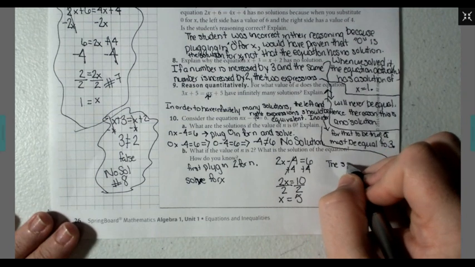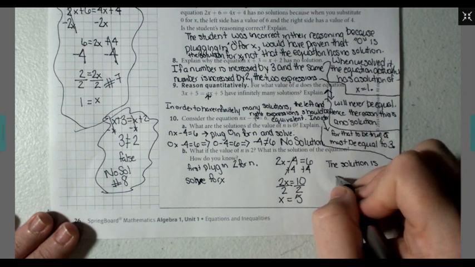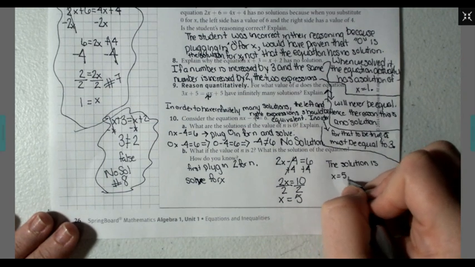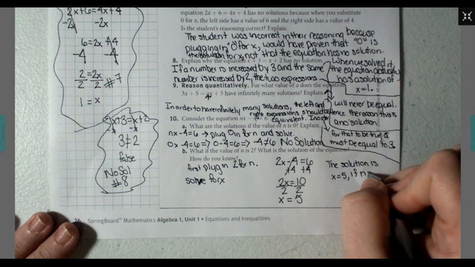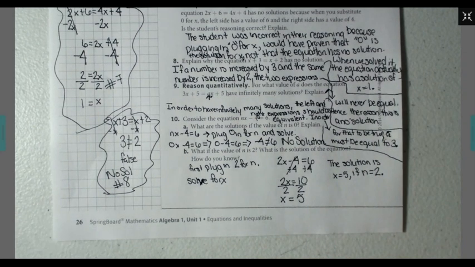The solution is x equals 5 if n equals 2, because 2 times 5 is 10, minus 4 would indeed be 6. On to your final debriefing.